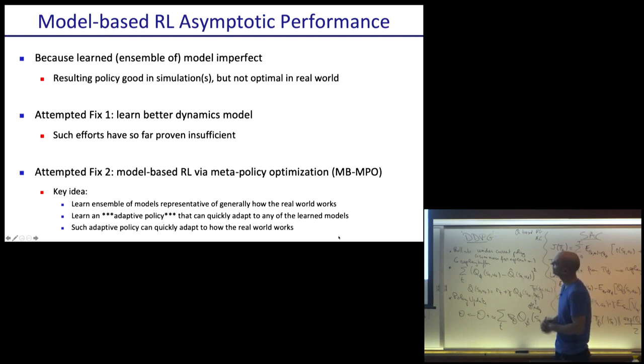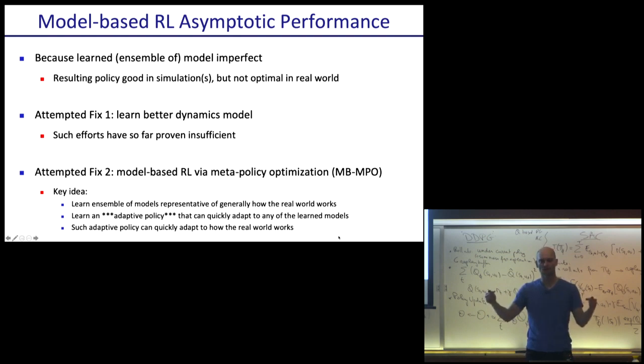Second fix is to do something called meta-learning. In meta-learning, the idea is that instead of learning a single policy that is good across all members of the ensemble, you're going to learn an adaptive policy that whenever dropped into any of the ensemble members, gets to quickly adapt to the specifics of that ensemble and be specialized to whatever environment it's in.